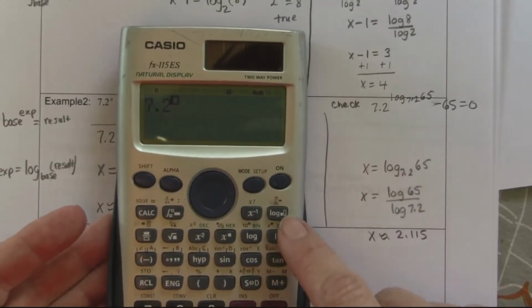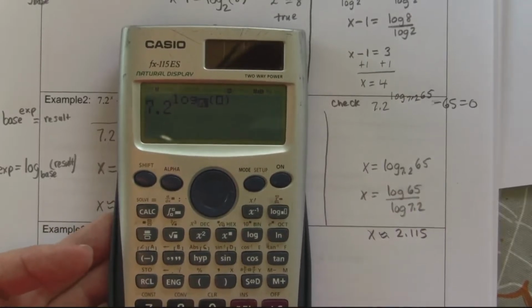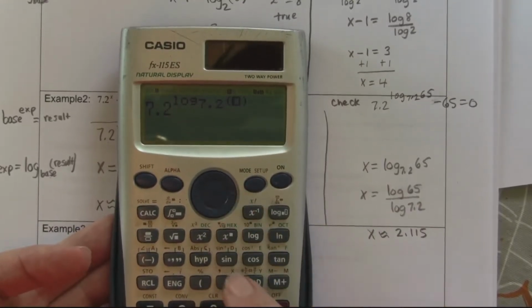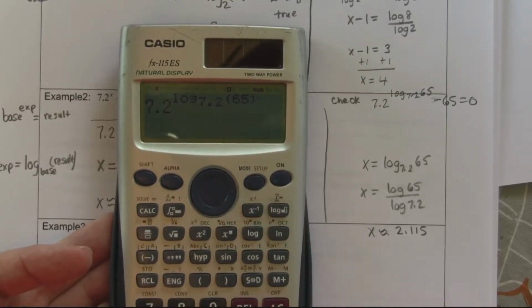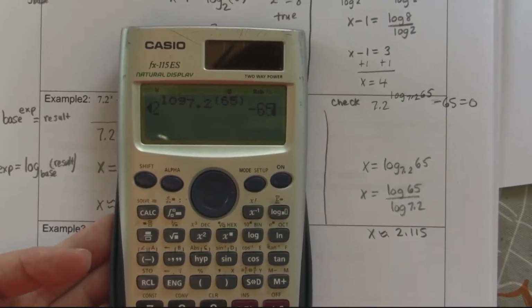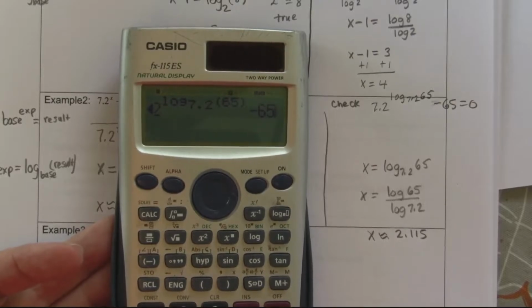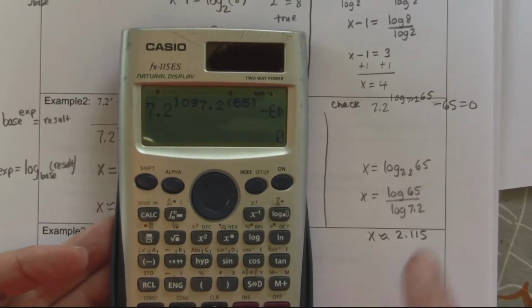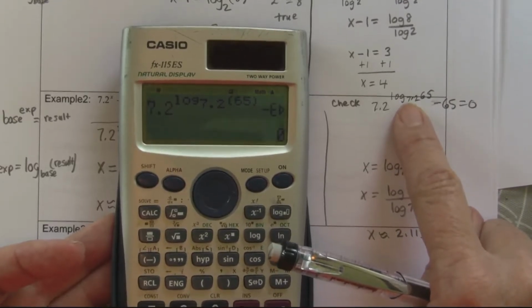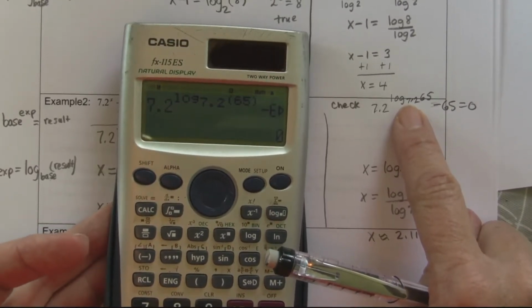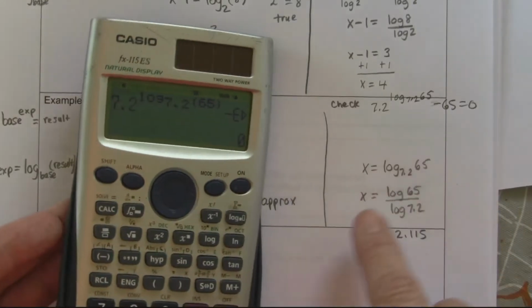Well, I want to raise to the log base 7.2 of 65. And then I want to take away 65. So I put the whole thing in my calculator, just like I saw it, and I hit equals, and I get exactly 0. If I put in the approximate value, then it's not going to equal exactly 0, but it should be close.